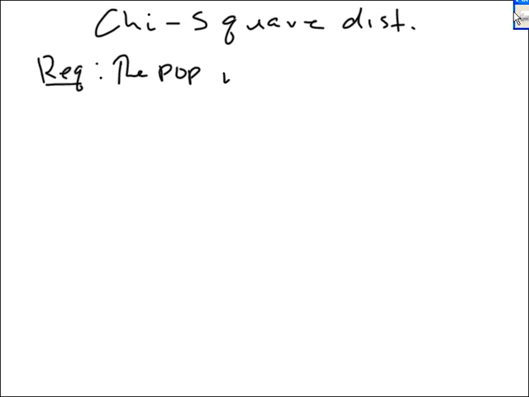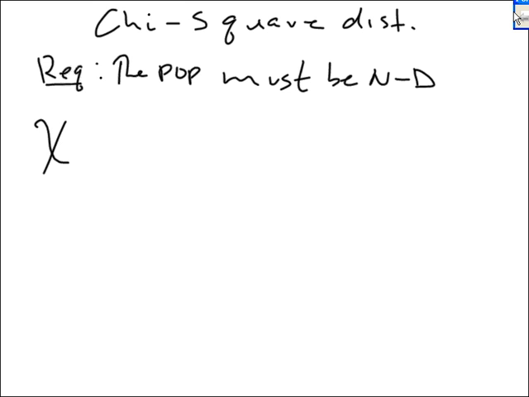The population must be normally distributed. Doesn't matter what the size of n is. N can be as large as you want. You still cannot use chi-squared unless it's normally distributed.